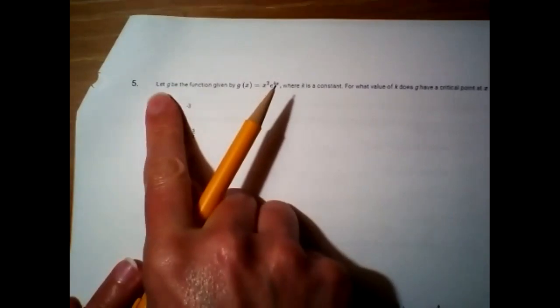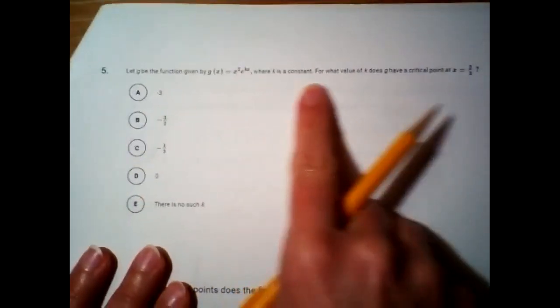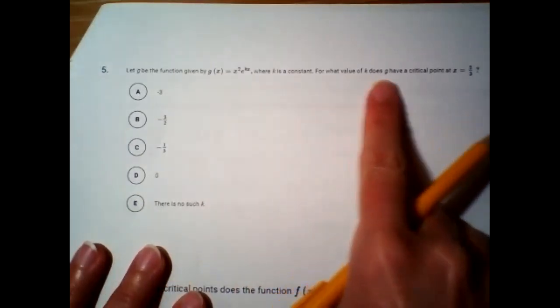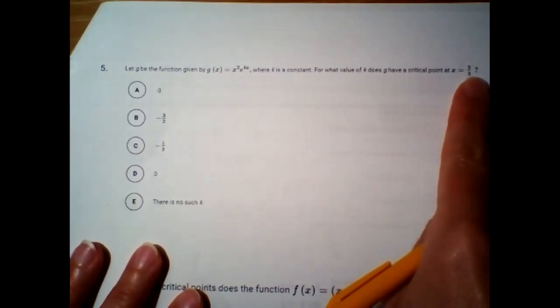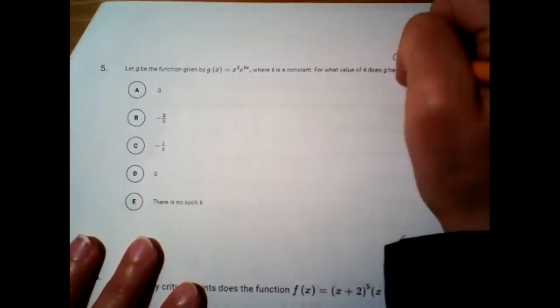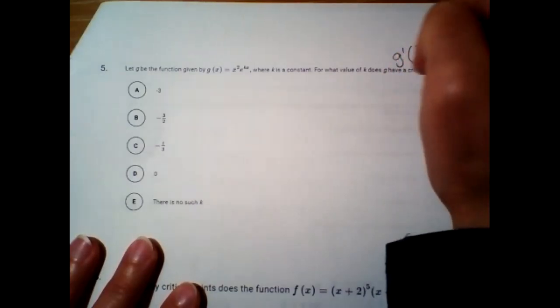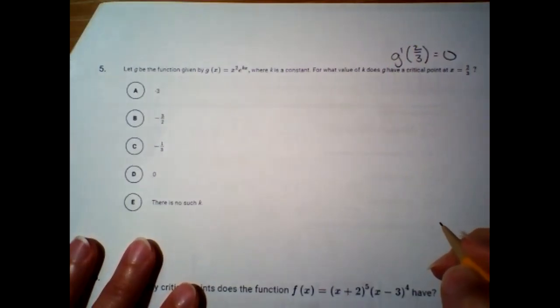All right, number 5, let g be the function given by this. k is a constant. We're going to find k, and it says g has a critical point at 2/3. Critical point means derivative equals 0. And so they're telling us the derivative at 2/3 is 0, since that's a critical point.